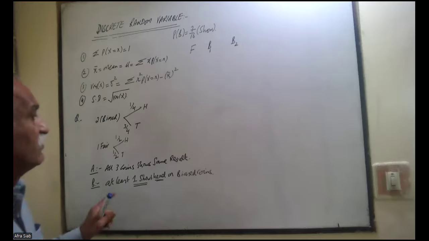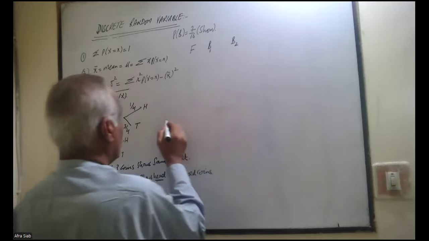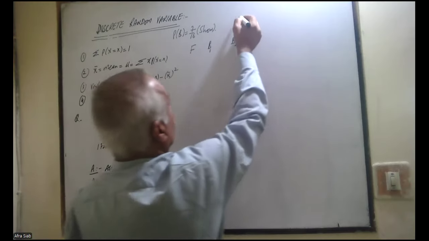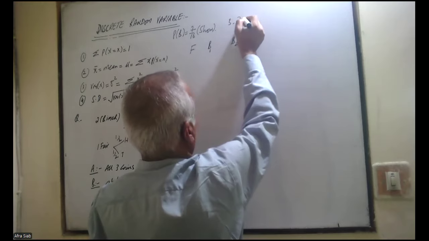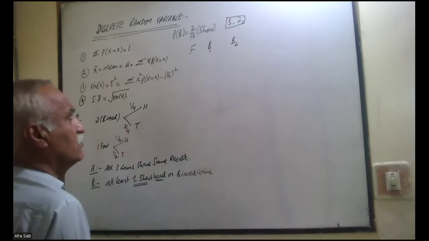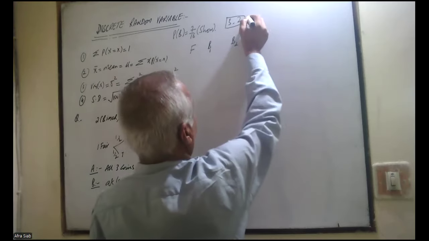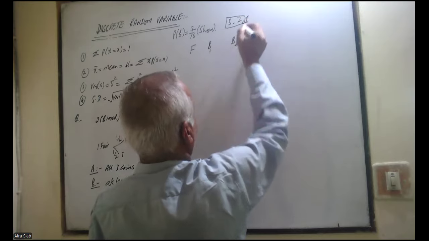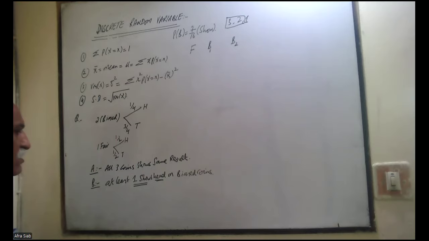So that means it should have either three heads or two heads, so we are going to make a combination of first three heads and then two heads, and then at least one, so there should be one head. So it means it shows one head or two heads or three heads.